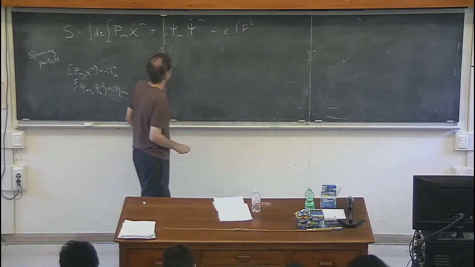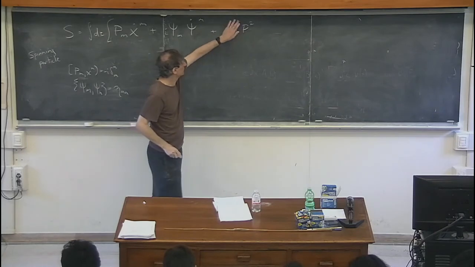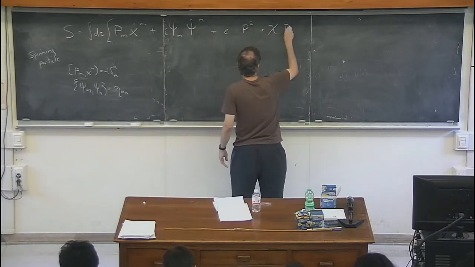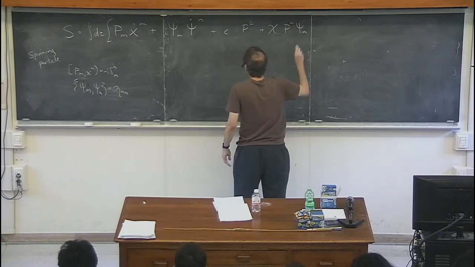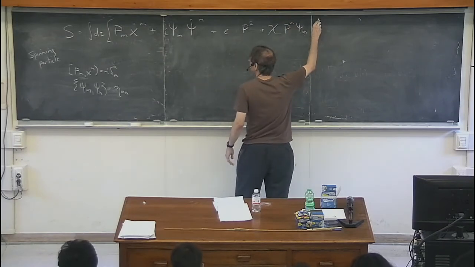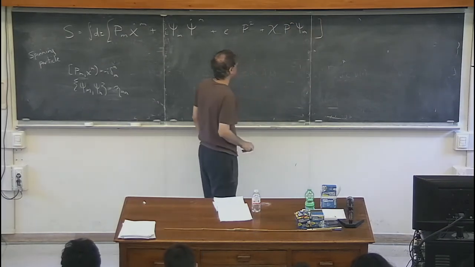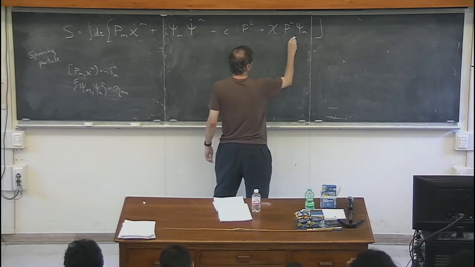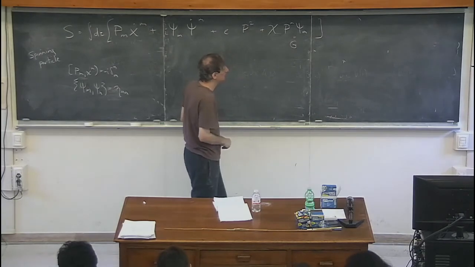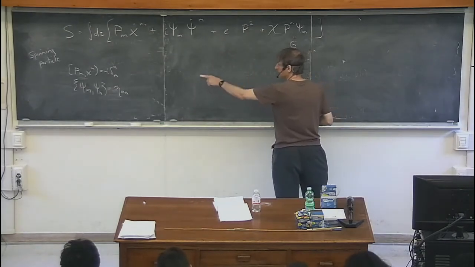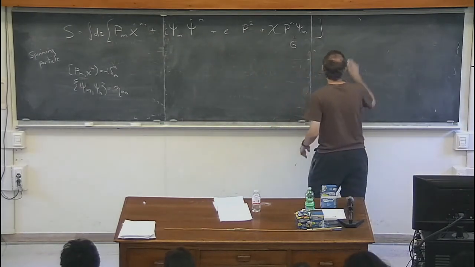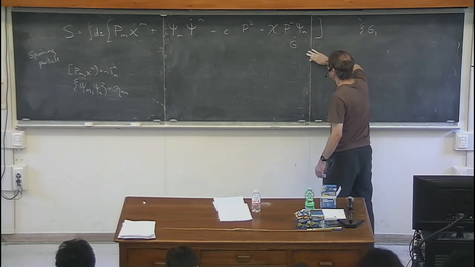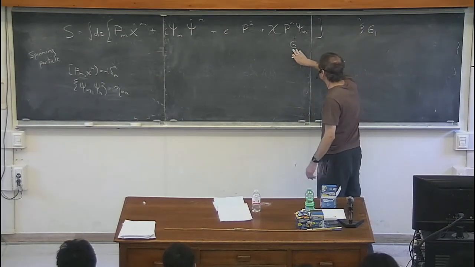In this case, instead of just having the p squared constraint, we have to add an additional constraint involving the p and psi. If we call this constraint G, and we use the canonical anti-commutation relations of the psi's, first of all, G is anti-commuting. If it was commuting, obviously it commutes with itself.